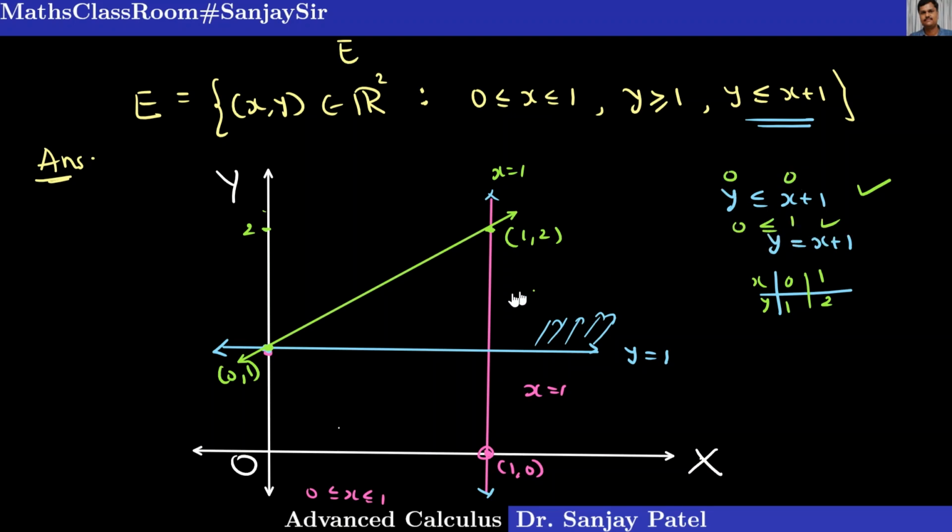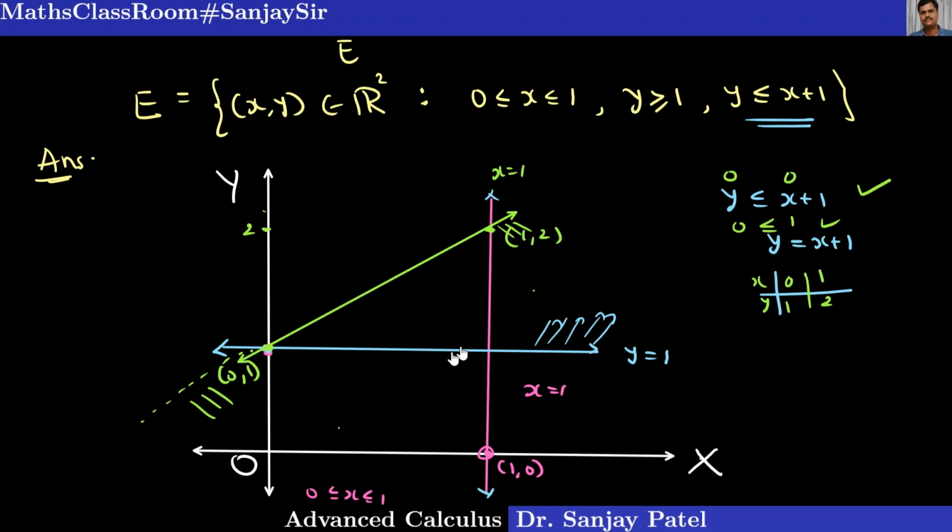So I should take the region towards the origin. If you extend this line, then you should take this side of the line as your region of integration, not this. So all the points (x, y) which satisfy this condition, y less than or equal to x plus 1, are lying on this side.